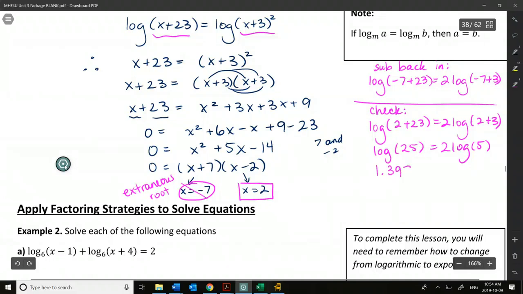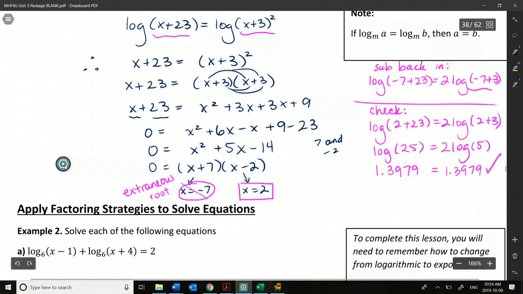And how about 2 log 5? 1.39794009. Perfect. So these are equal. So left side equals right side, so I must have found the correct x that works there.